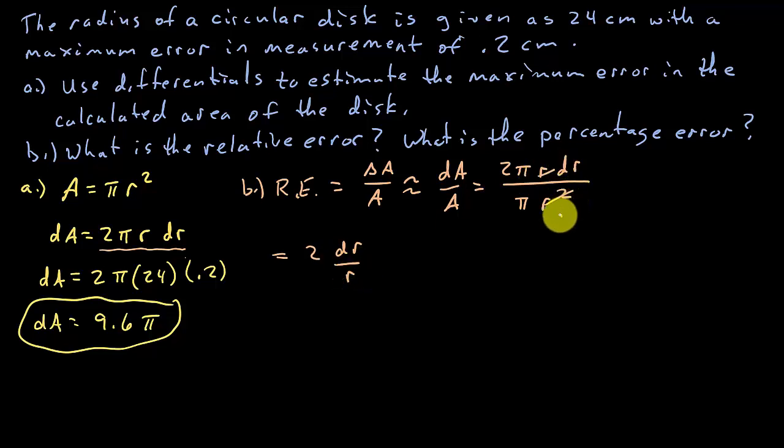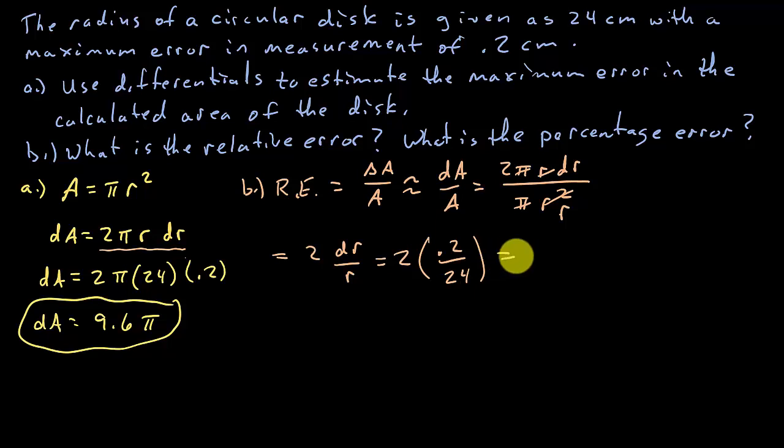The r's cancel, leaving one r, and the pi's cancel. So this is going to be 2 times dr, which is 0.2, over r, which is 24.